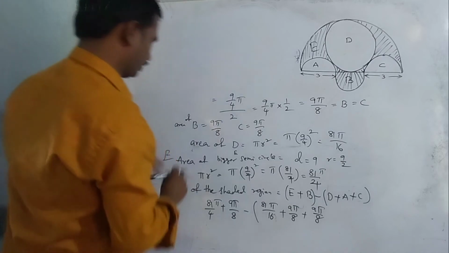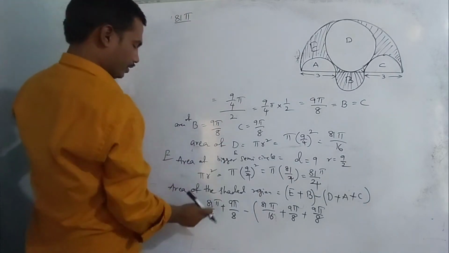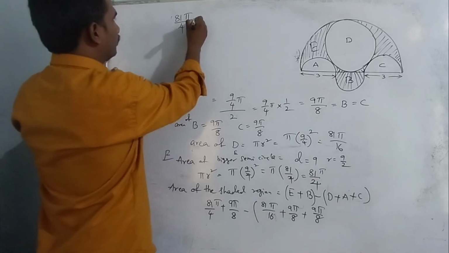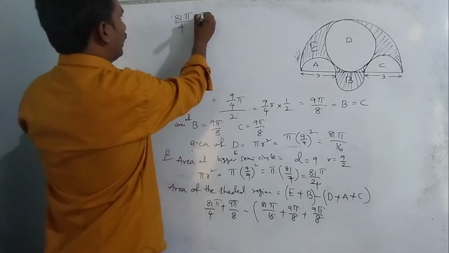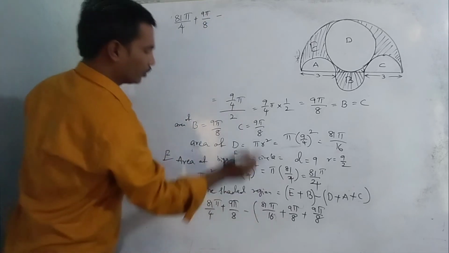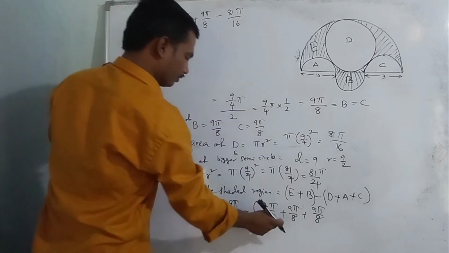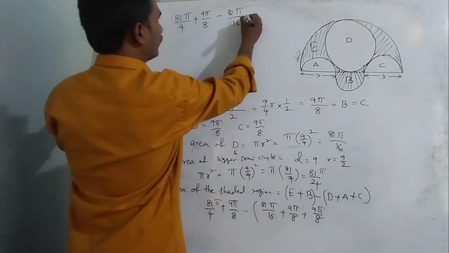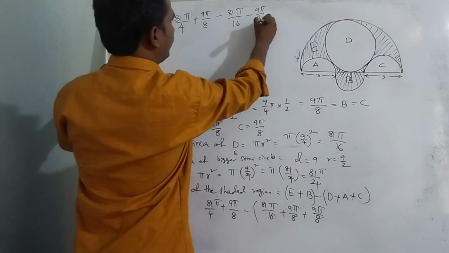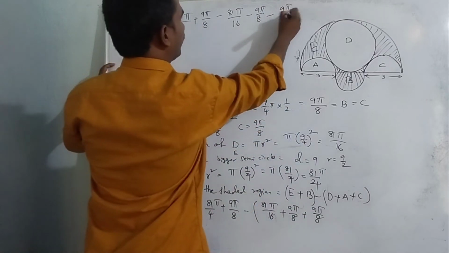See here: 81 pi by 4 plus 9 pi by 8 minus 81 pi by 16 minus 9 pi by 8 minus 9 pi by 8.